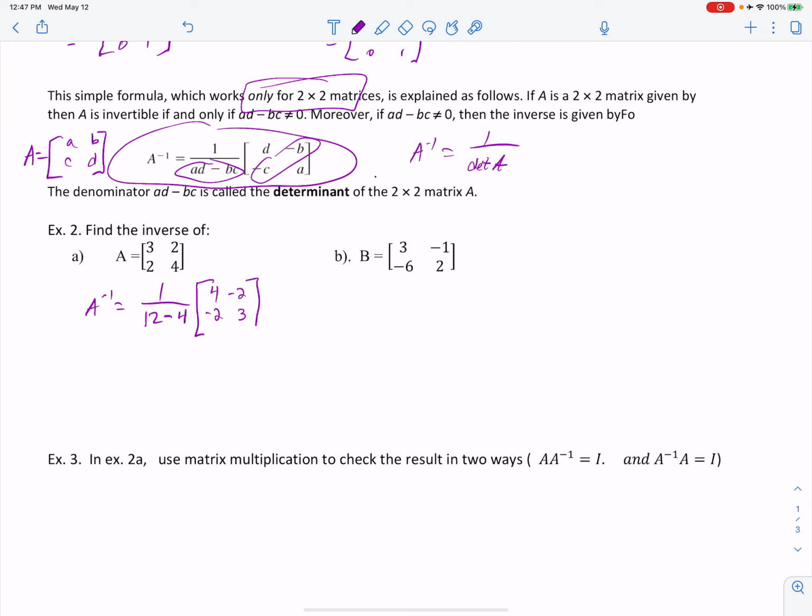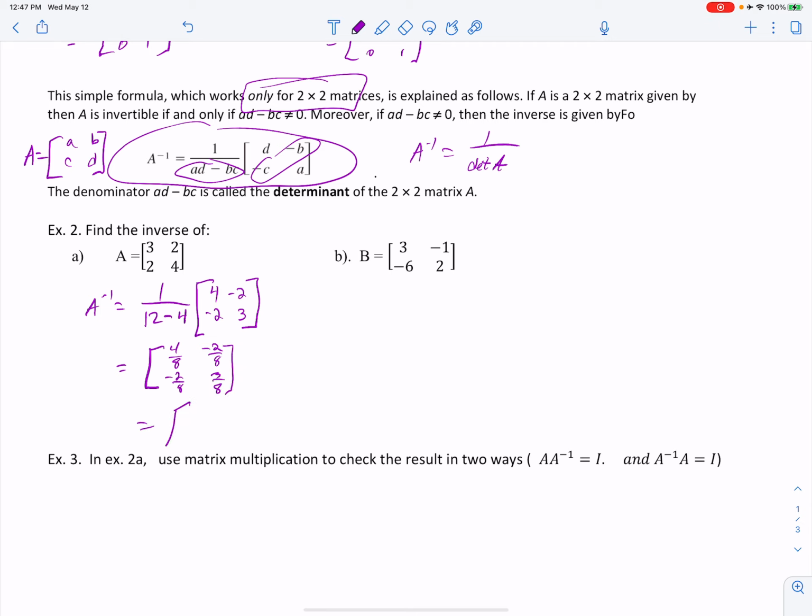You don't change the order. You can't really see it on this one, but that's how you get the inverse. And then we are going to take 1 over 12 minus 4, which is 1/8, and we're going to multiply in. We have a 4/8, a -2/8, a -2/8, and 3/8.